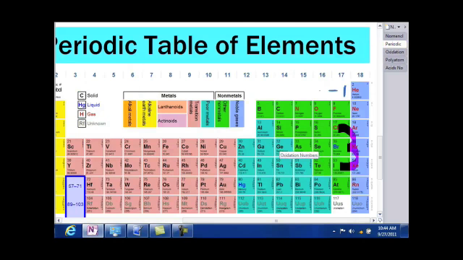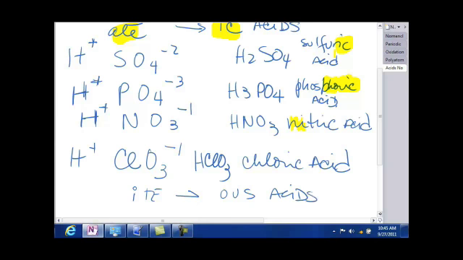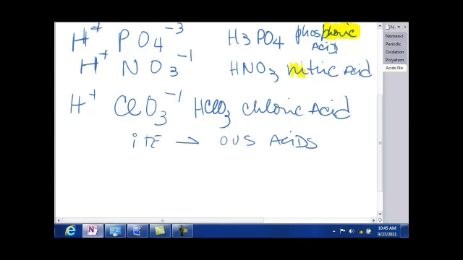We classify, we go baby steps. For ITE polyatomic ions, the acid is going to end in ous. For example, give me an ITE polyatomic ion.